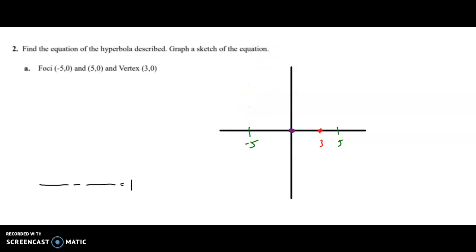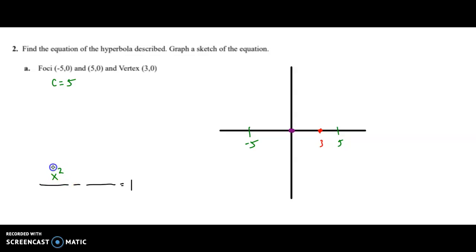Now, since the foci are at -5 and +5, that means the c value is going to be 5, from the center out to one of the focus points. It's going to be 5, all right? I also know that because the foci are horizontal, that means the first numerator is going to be x squared, right?